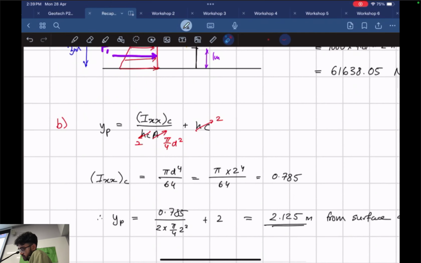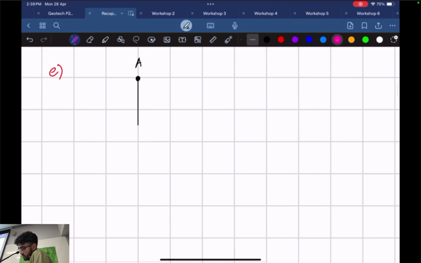If this is F1, and this is F2, our lever arms are going to be 1.0833 and 1.125. This is simple geometry to find it. I kind of struggled with that, can't lie.